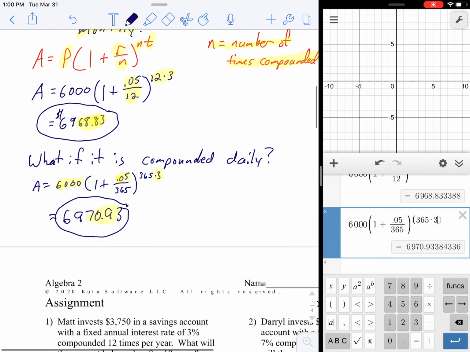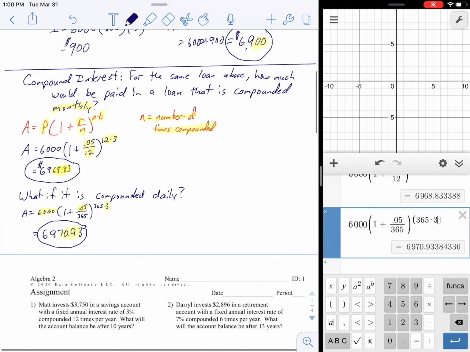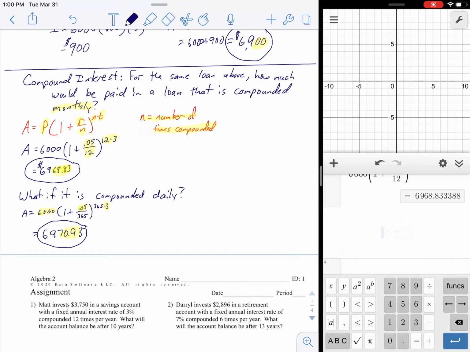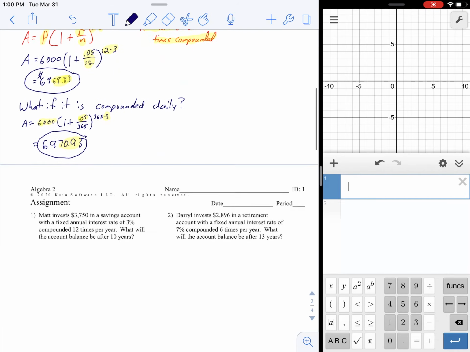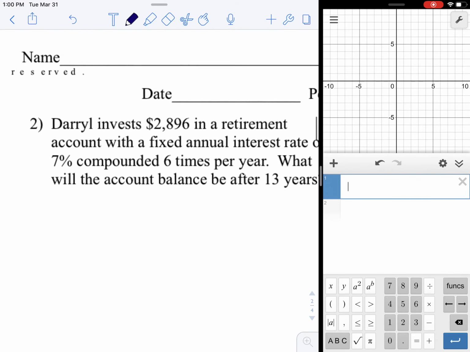So the compound interest formula is a very realistic formula that can be applied specifically in borrowing or investing money. There's other applications too, we're just not going to get into right now because I don't think you want to watch an hour-long video.